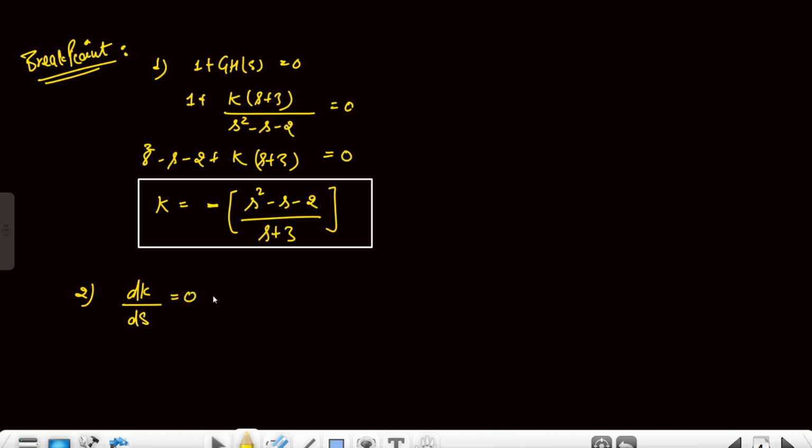equate it to 0. So when we differentiate according to the u by v division rule, (s plus 3) whole square in the denominator, then (s plus 3) as it is and the differentiation of the numerator is 2s minus 1, then minus (s squared minus s minus 2) as it is and the differentiation of s plus 3 is 1.